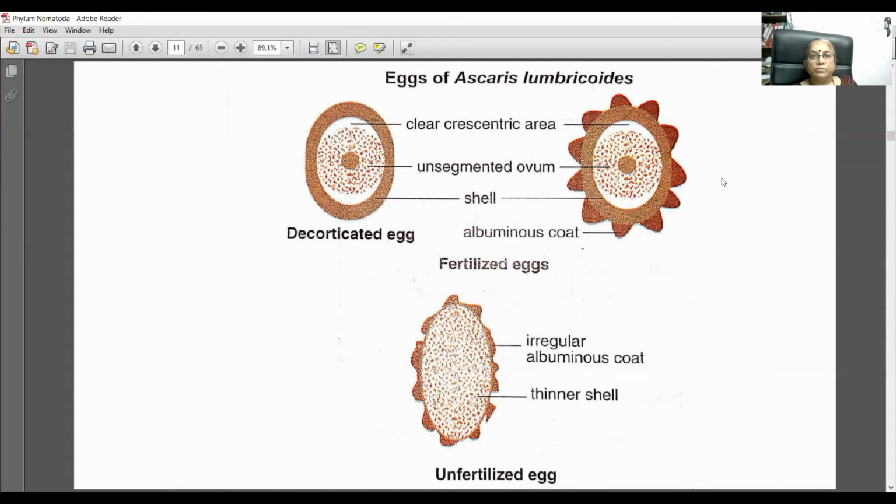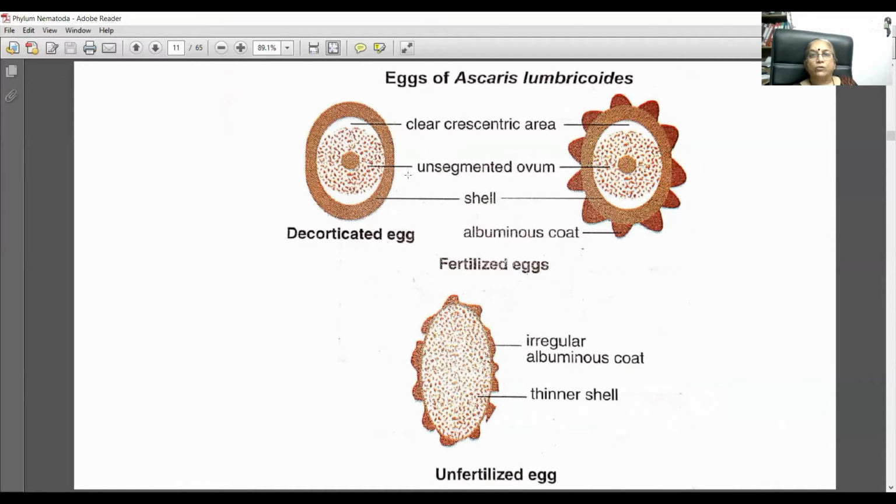How can you make out these different types of eggs? The decorticated eggs do not have the albuminous coat around them, and the fertilized eggs have an albuminous coat around them. The shell is present in all 3, but the shell is thicker in the fertilized eggs.